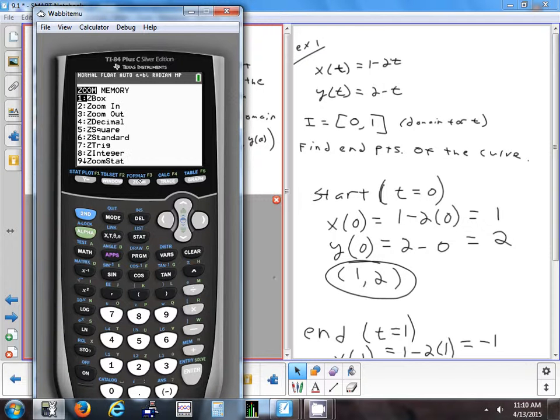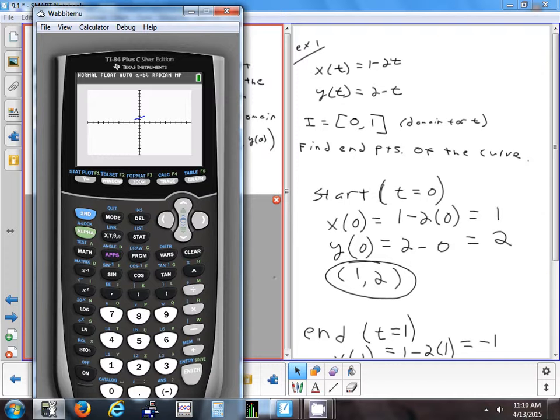Okay, let's go zoom 6. Did I set my window? I thought I typed in 0 to 1, and I thought I set that at 0.1. That was weird. Okay, let's try again. There's our graph.